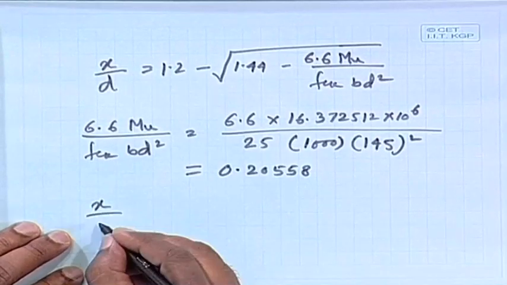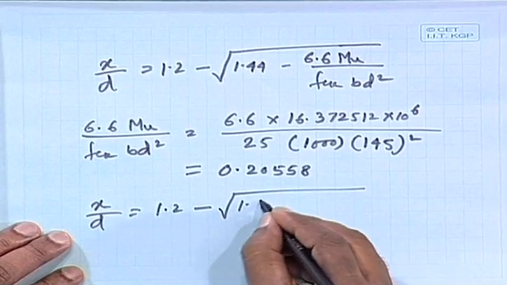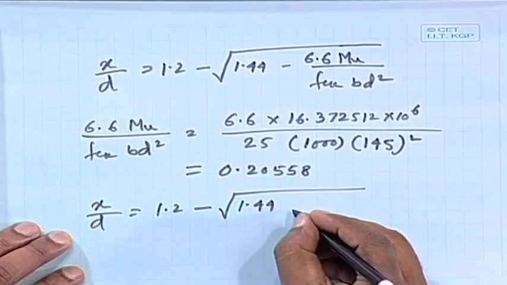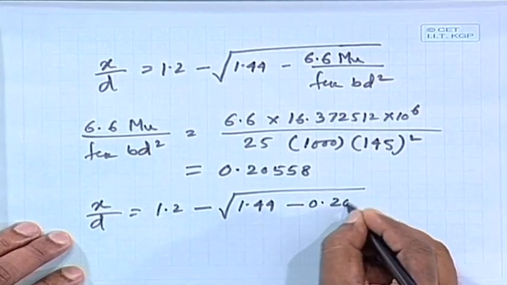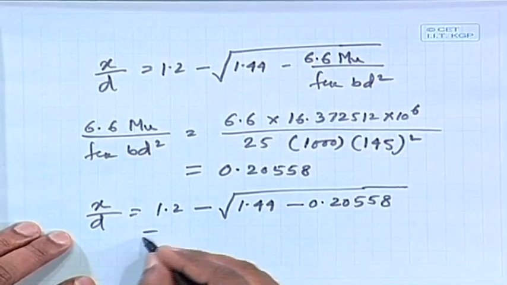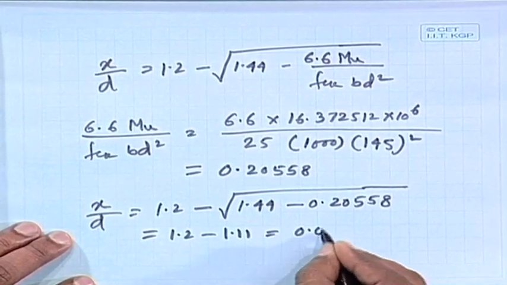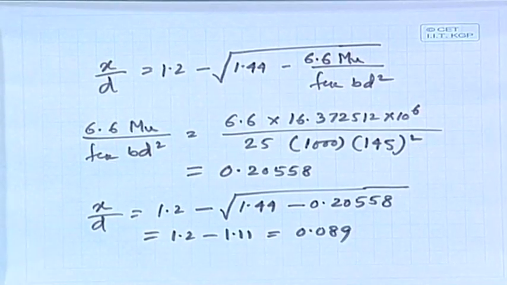So, x by d equals 1.2 minus root over (1.44 minus 0.20558), equals 1.2 minus 1.11 equals 0.089. So, x by d we are calculating here.